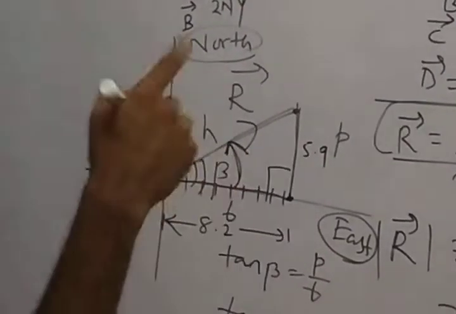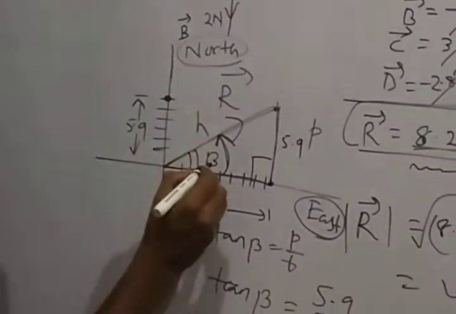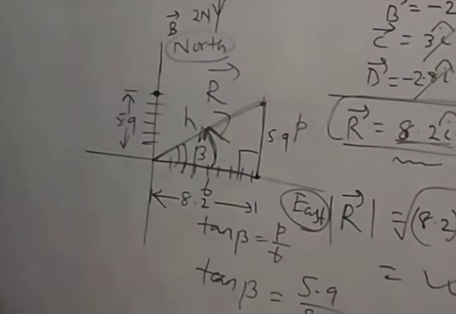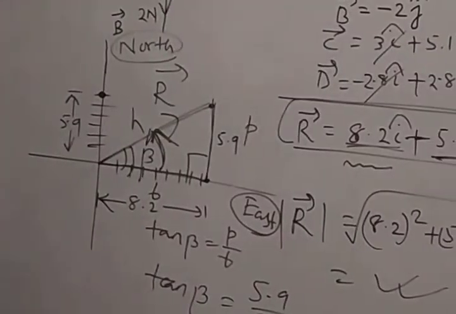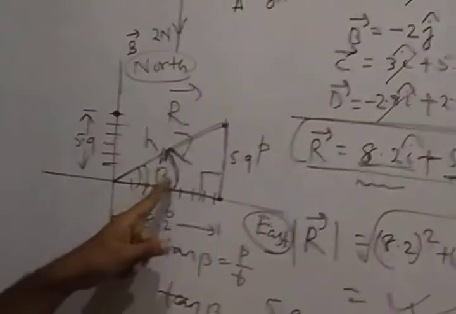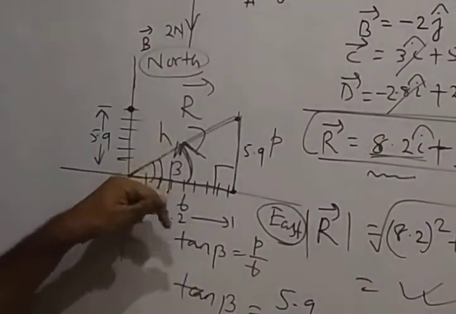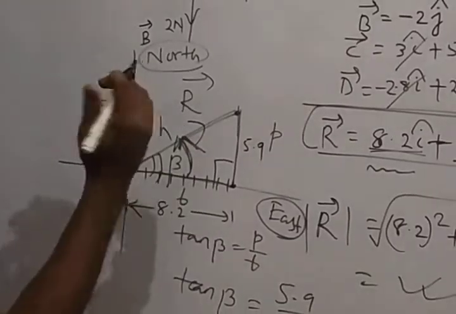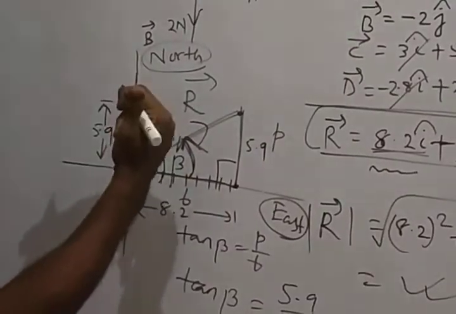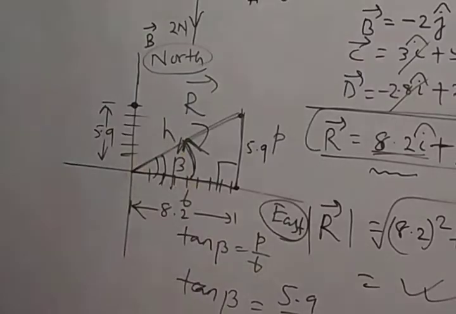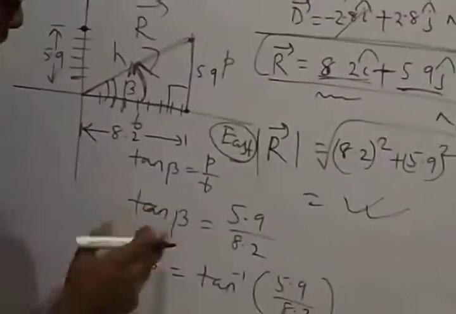These things I will tell you in my projectile class, you will realize. So this beta, always angle is measured in anti-clockwise direction. In anti-clockwise direction, angle is positive. In clockwise, it will be negative. Okay. That I will discuss in my motion graph.